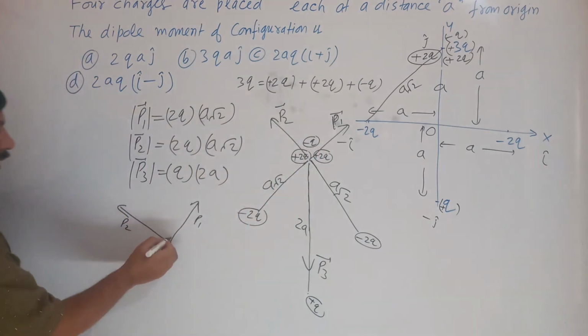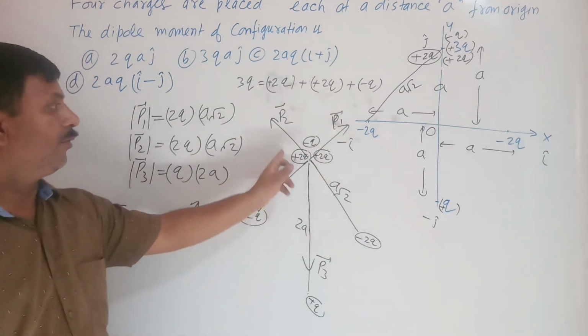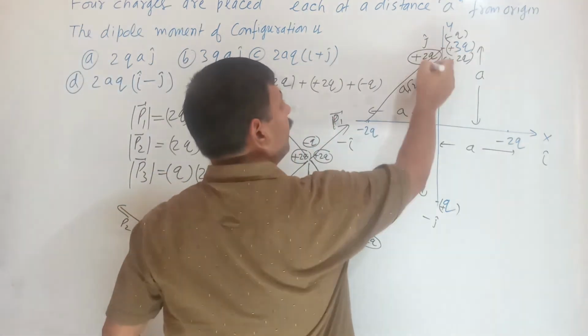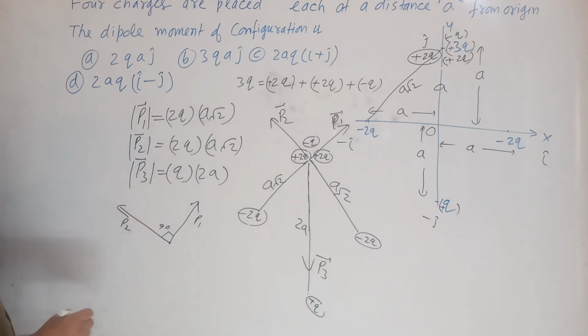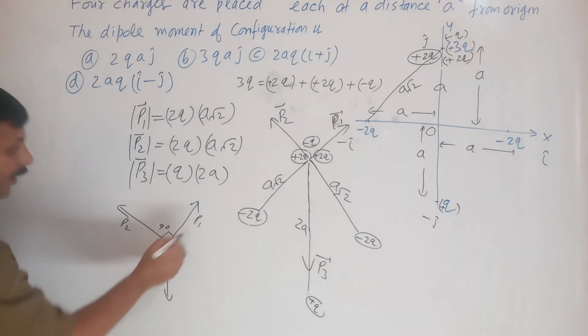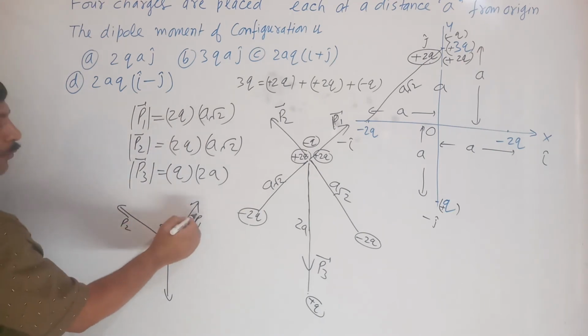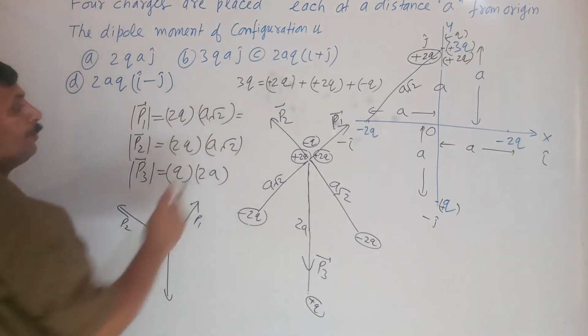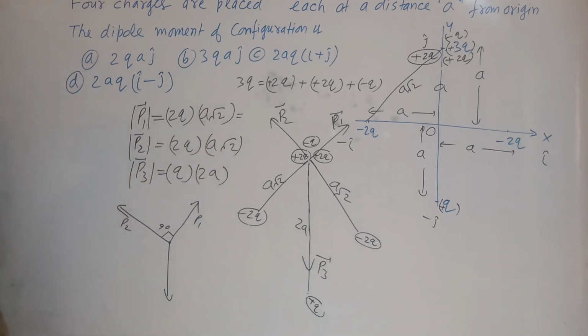What is the angle between them? This will be 45, this will be 45, so this angle will be 90 degrees. And there is p3. Here you can see the magnitudes of p1 and p2 are both the same, 2 root 2 qa.